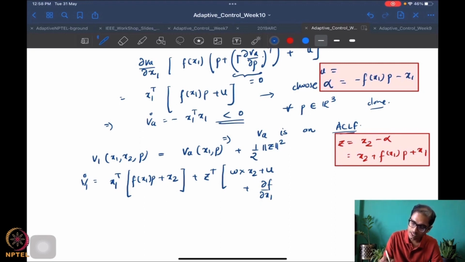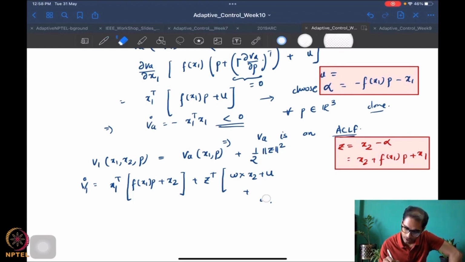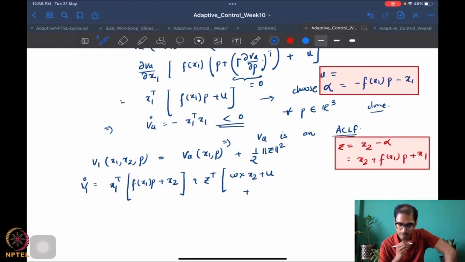This is going to be more complicated, I think, because f(x1) is a matrix. So this has to be written in a nicer way. This is a function of one state, so I have to write this in a smarter way.